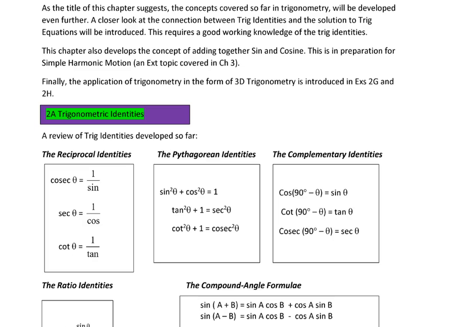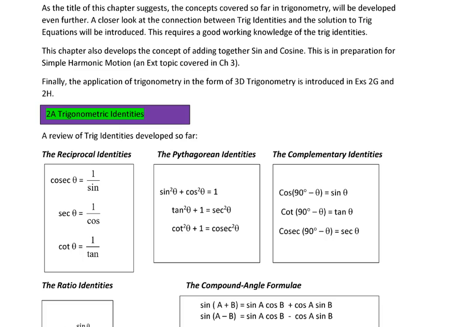In Chapter 2, we're going to look, as its title says, at some further trigonometry. Now, because further trig is very dependent on these identities that you've learnt so far, all that's happening in exercise 2A is just a review of the identities, and I suppose in particular you're going to see the types of questions that require you to make a connection to these identities.